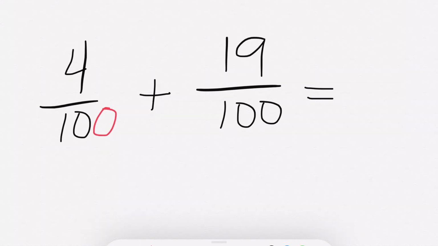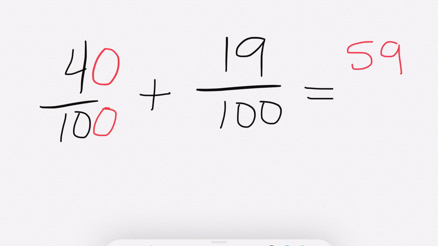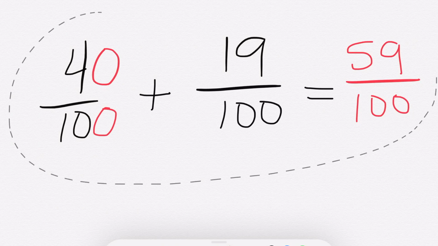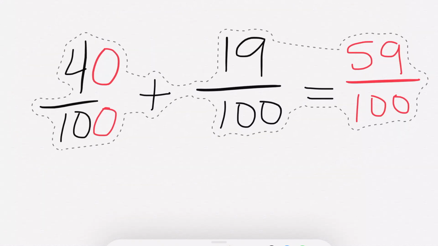We have the same denominator. Whatever I do to the bottom, I also have to do to the top. So I know if I multiply 4 by 10, that gives me 40. Now I can add these together. 40 plus 19 equals 59, and I keep my denominator the same, and I get 59 over 100. That's my answer.